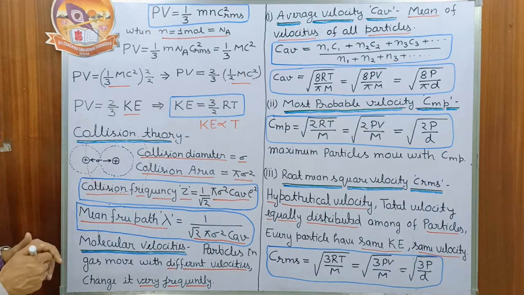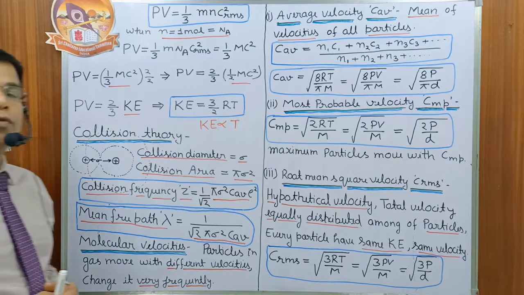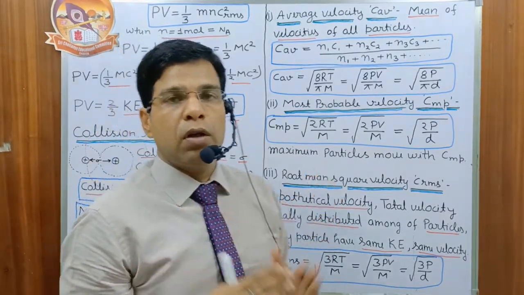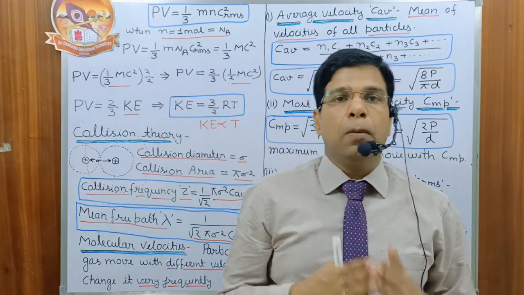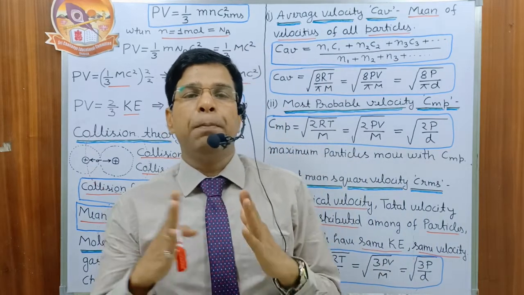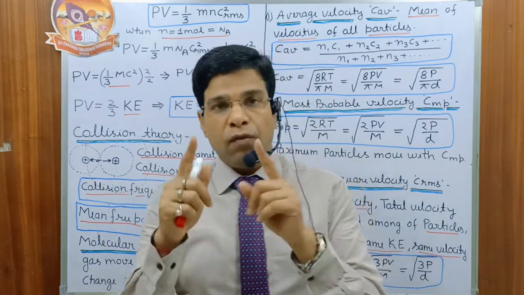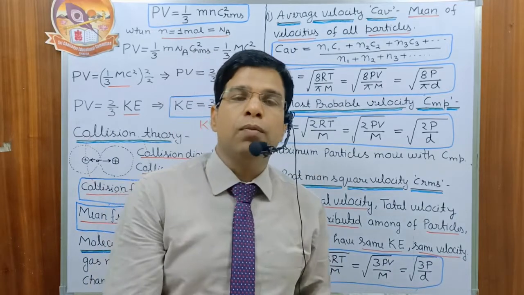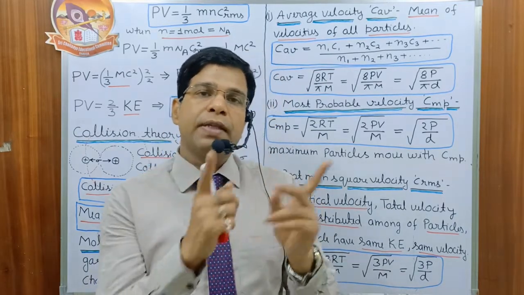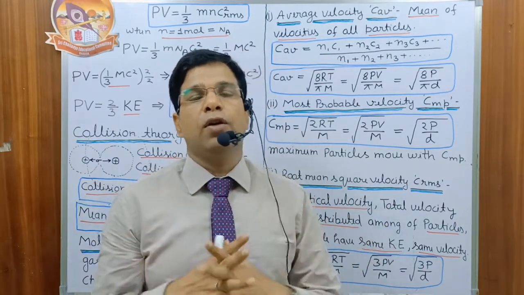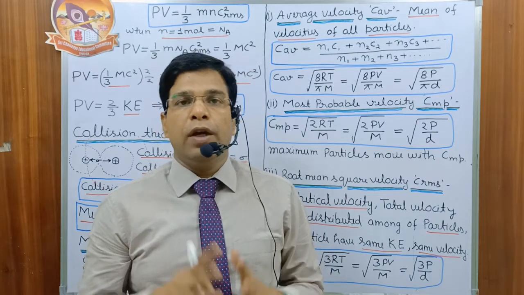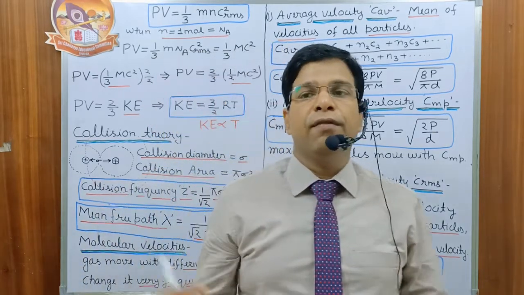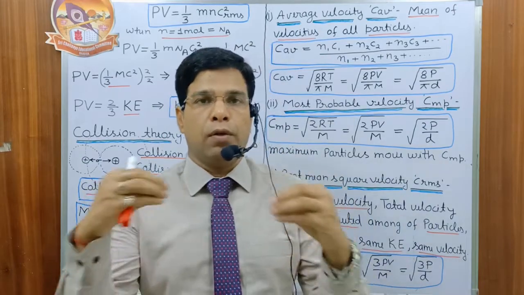Now we have the collision frequency. What is the collision frequency? How many molecular collisions we have per second per centimeter cube volume. In 1 centimeter cube volume, in 1 second, how many molecular collisions do we have? A molecular collision is the event when two molecules collide with each other.